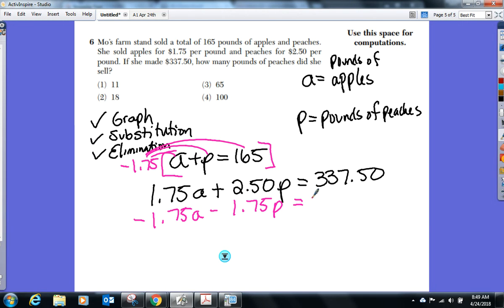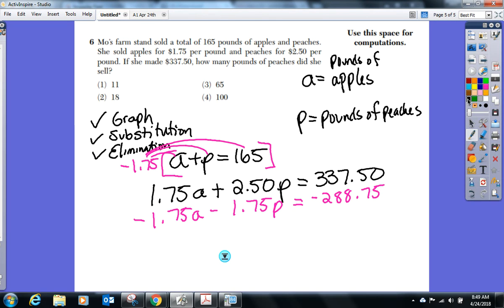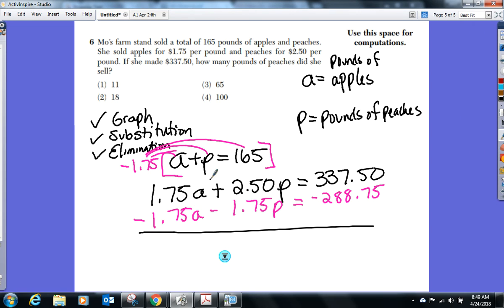And negative 288.75. All right, what happens here? Go on. 250 minus 175. 0.75p equals, subtracting those two now, 48.75.